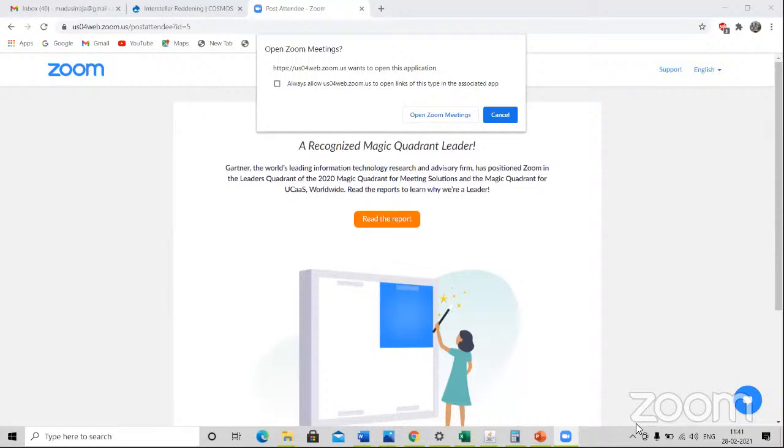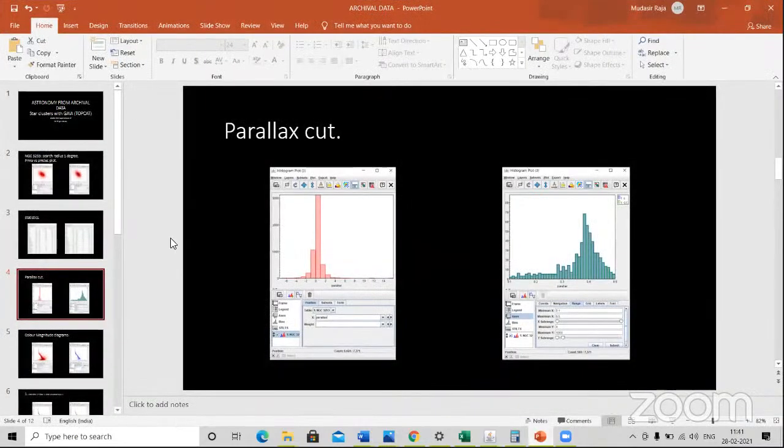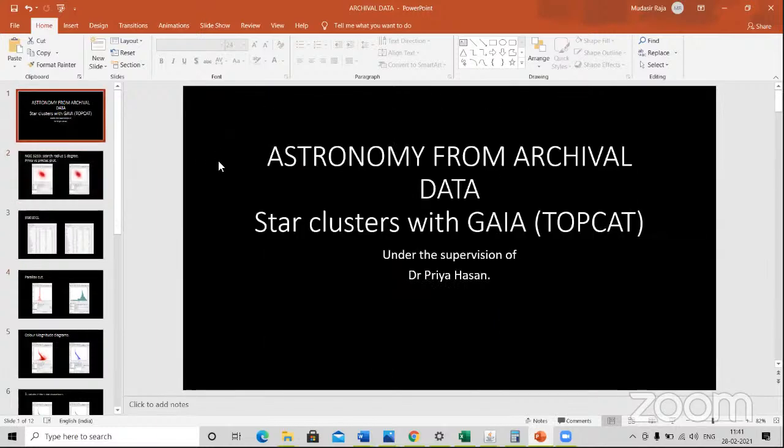Yeah, unmute yourself and share your screen. Okay. And can you see my screen? Yes, all is good. Now go on slideshow mode. Everything is fine.